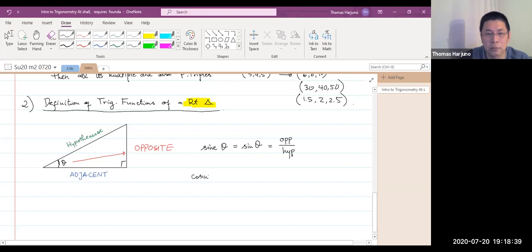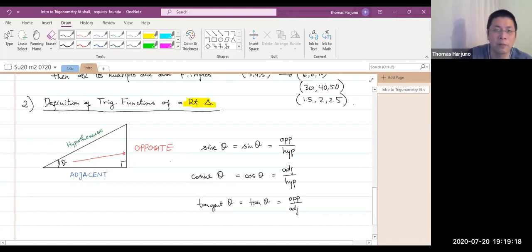Cosine theta, denoted by cos theta, so even though we write cos theta, we still read it as cosine theta, is the adjacent over the hypotenuse. Tangent theta, denoted by tan theta, is opposite over adjacent. These three are the primary trig functions.